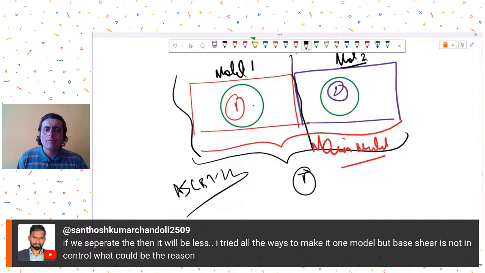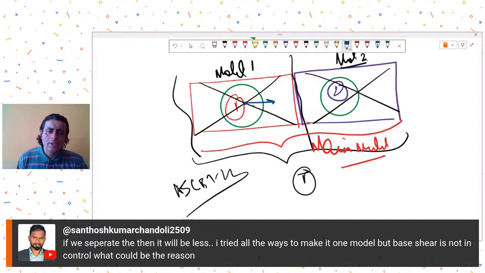In the main model, you apply one diaphragm over here, and another diaphragm to your second portion. Then, using user defined loads in EQ, you put the EQ forces at each story level that you got from your individual models.